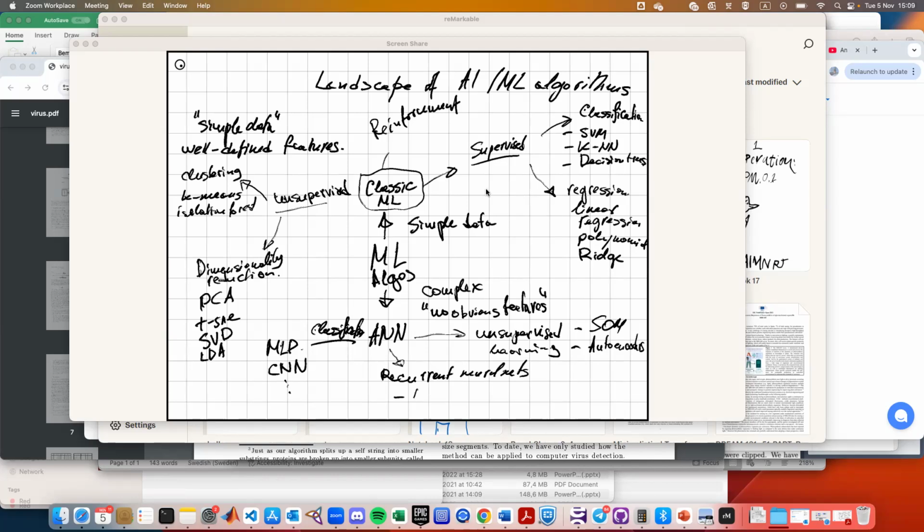Here we have LSTM and echo state networks, or extreme learning machines, or some others that we will try. So this is a really rough landscape of available solutions.